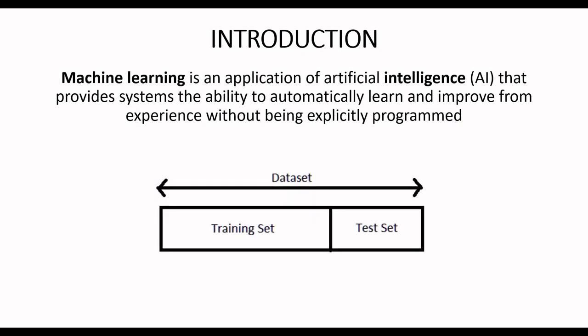So for example, if you have a data set, you can split it into something known as a training set and a test set or a validation set. You feed the data in the training set to the computer. Through various algorithms, the computer learns how to recognize patterns in the data and thus be able to predict a certain outcome, which is defined by the user.